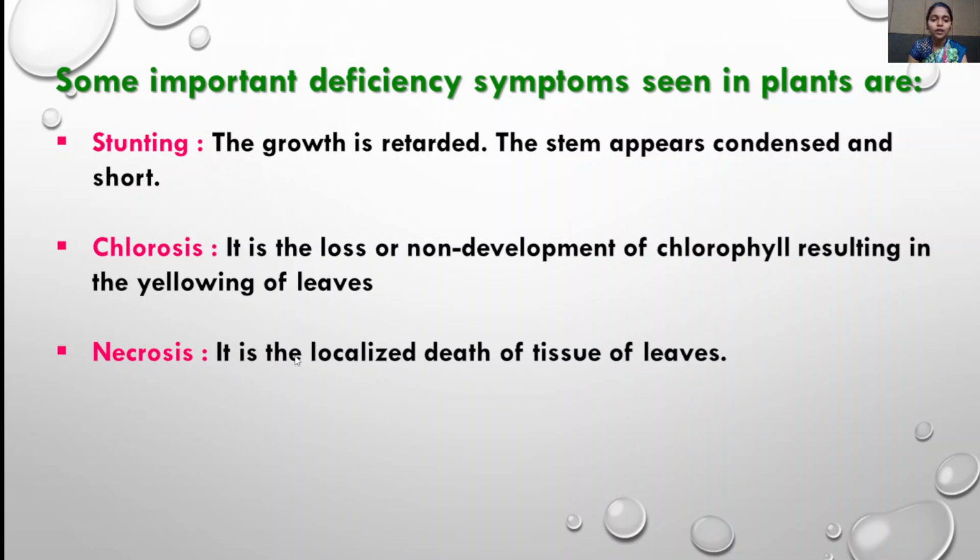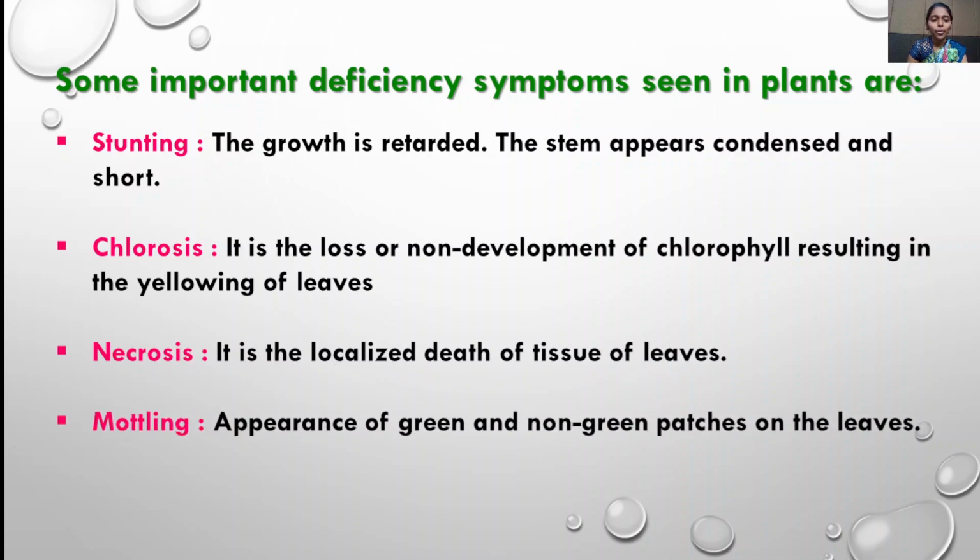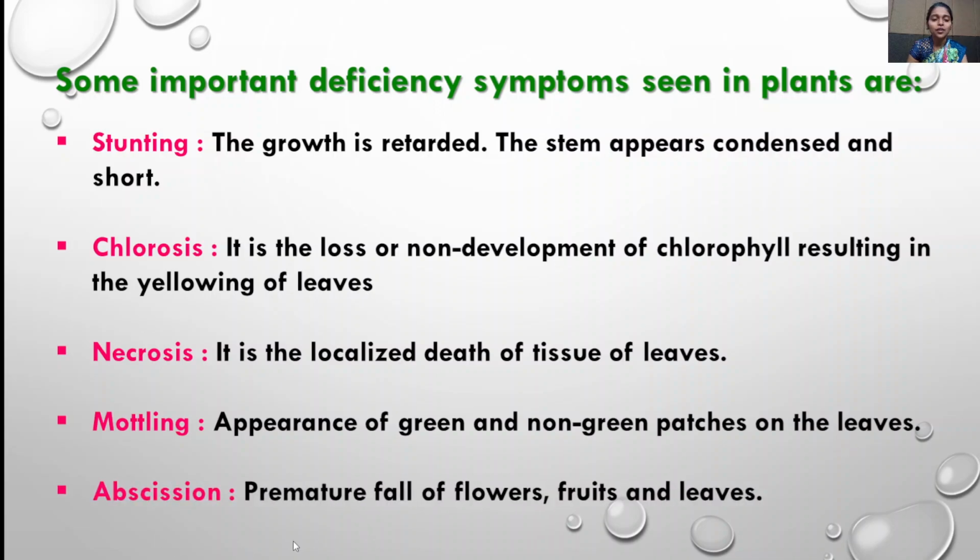Next, necrosis: it is the localized death of tissue of leaves. Mottling: appearance of green and non-green patches on the leaves. And abscission means premature fall of flowers, fruits and leaves. These are some important deficiency symptoms seen in plants.